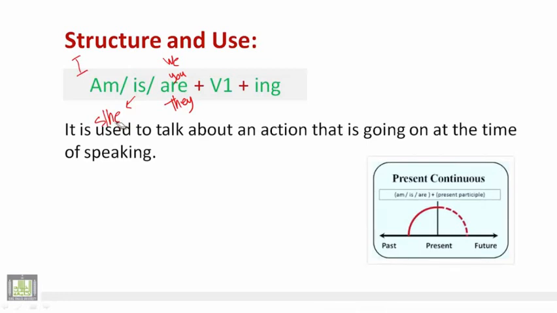It is used to talk about an action that is going on at the time of speaking. And if you have a look at the timeline, we see that the action started and is still continuing at the moment of speaking, and it may extend into the future.